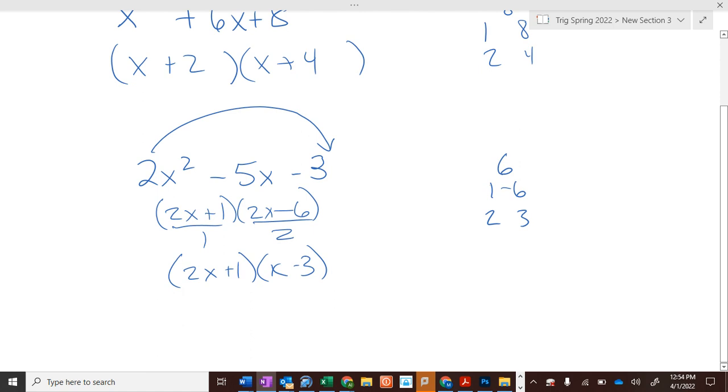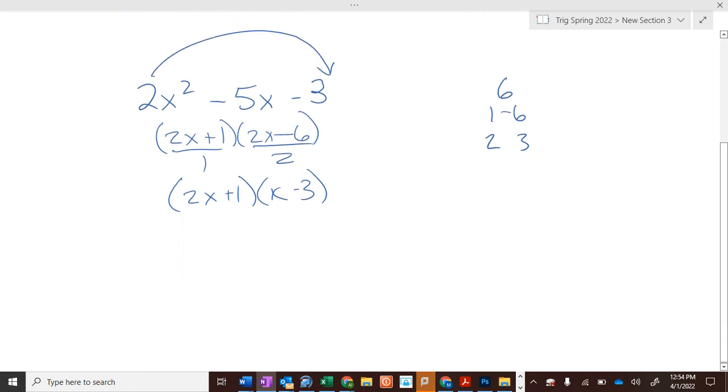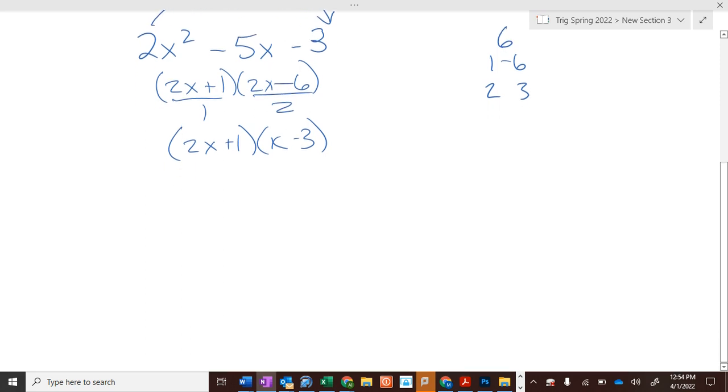Okay? So how do we apply that to trig? Well, the only difference between this and trig is in trig, we'd write it as 2 cosine squared of x minus 5 cosine of x minus 3, which 2 times 3 is negative 6. Factors are 1 and negative 6.